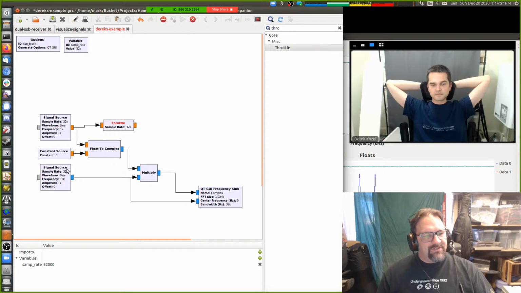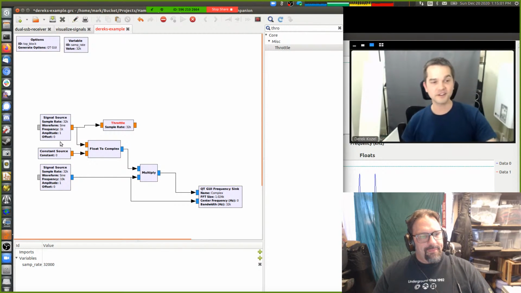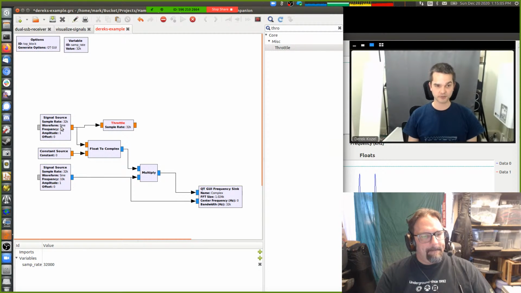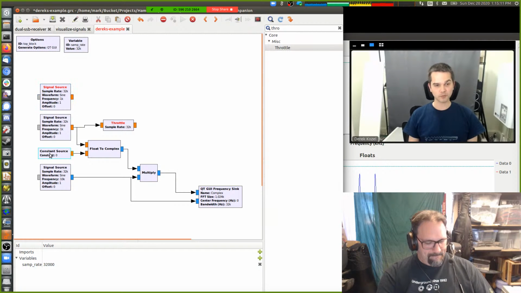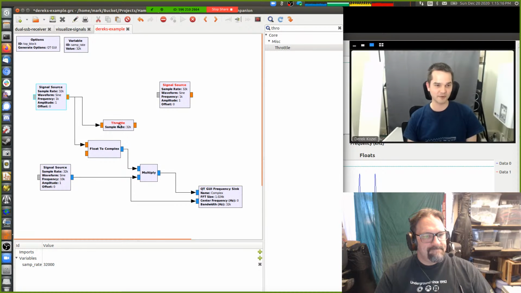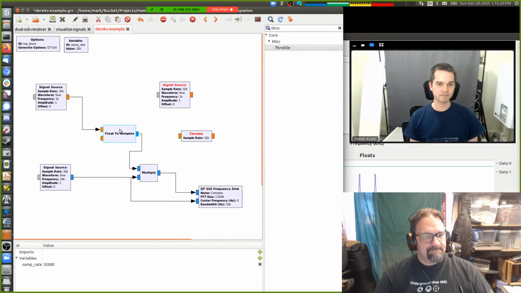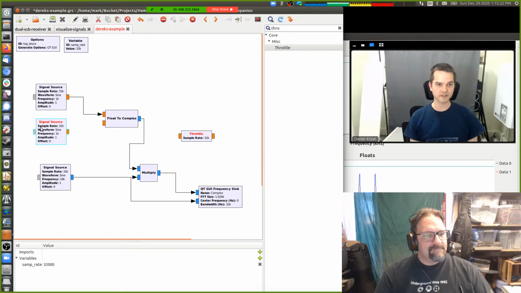What would we do here to make that just a positive? We would copy and paste the float signal source and replace the constant source with it, and we'll do this as a 2-step process so that everyone believes us when we say we're doing this, and actually plumb that throttle into one of the two. Yep, that's what I'm working on. Cool.